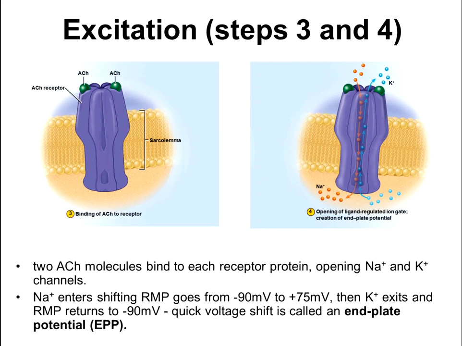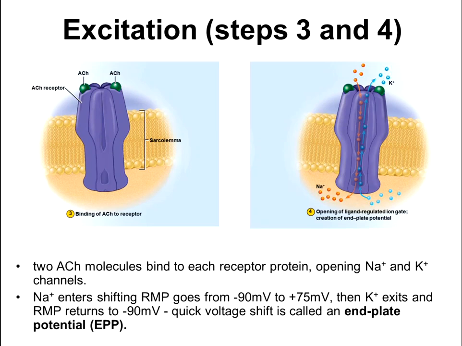Why? Because we need that acetylcholine to bind to the receptor. The binding of this will cause something else to happen. So when we have the acetylcholine molecules binding to each receptor, we have an opening of the sodium and the potassium channels, which is what you're seeing in this number 4 picture. You can see how the Na is moving in one direction and the potassium is moving in the other.